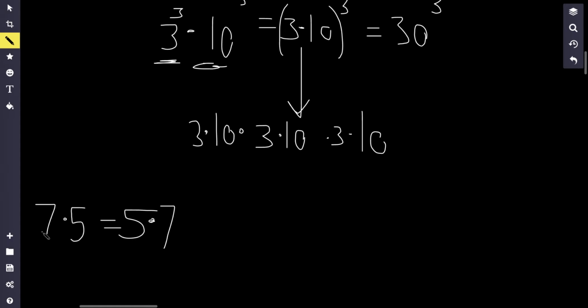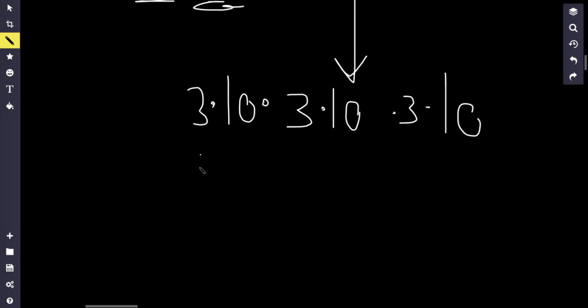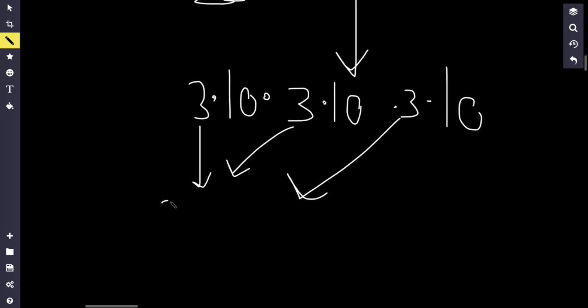This is because the order in which you multiply doesn't really matter. For example, 3 times 4 is equal to 4 times 3. So in this case, let's group all the 3s together. If we group all the 3s to one spot, this is going to be 3 times 3 times 3.